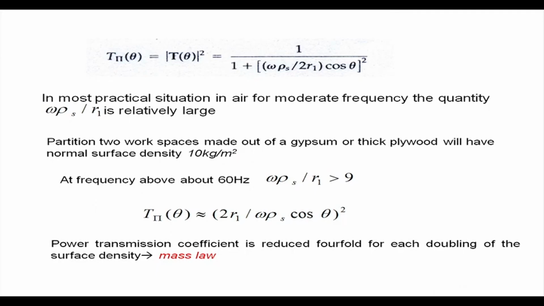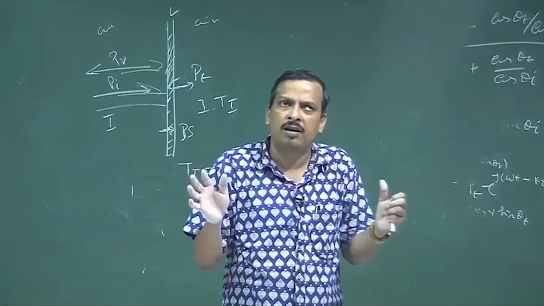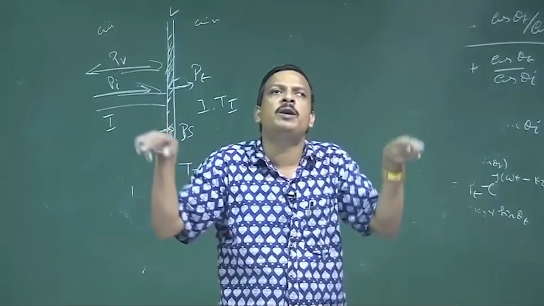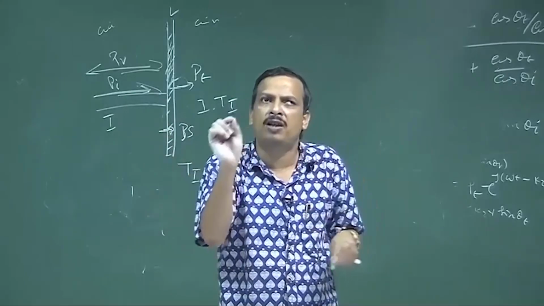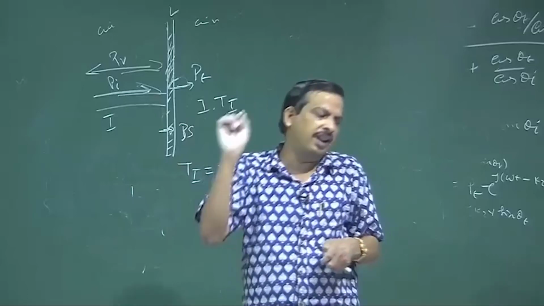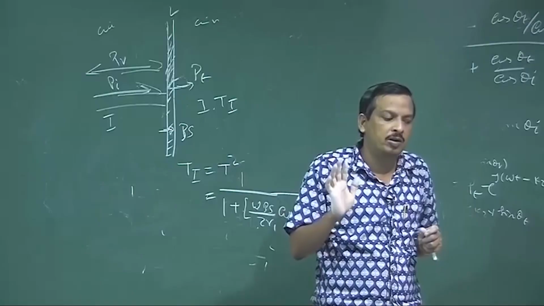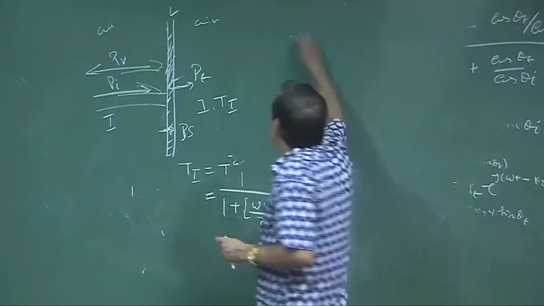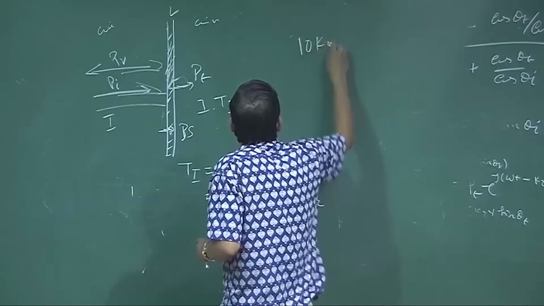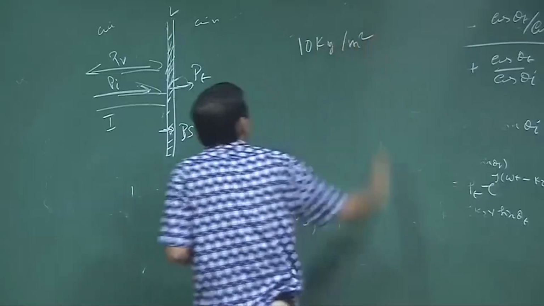Now, if this is my transmission coefficient, what is the transmission coefficient in practical cases? Take the most practical situation in air, a factory. Both inside the enclosure room and the factory room are air, and the enclosure room is separated by a thin partition of gypsum board, or plywood, and the surface density is 10 kg per meter square.